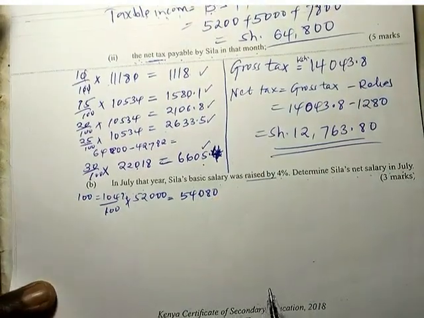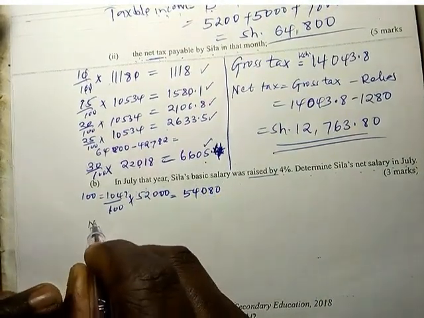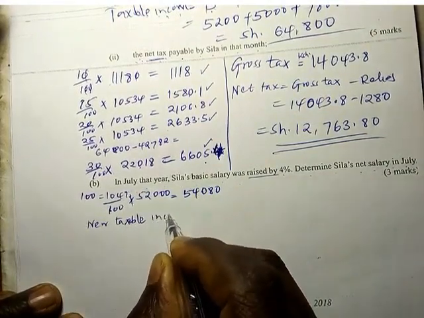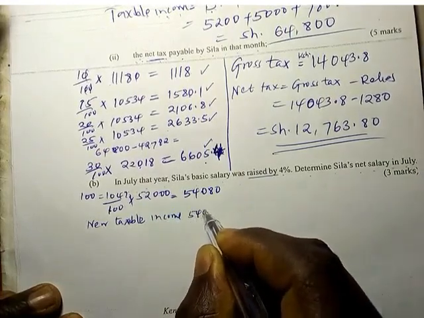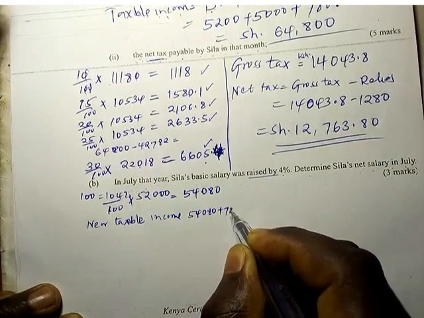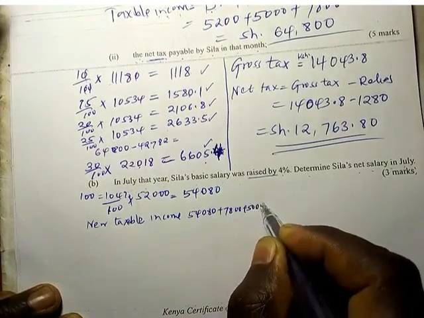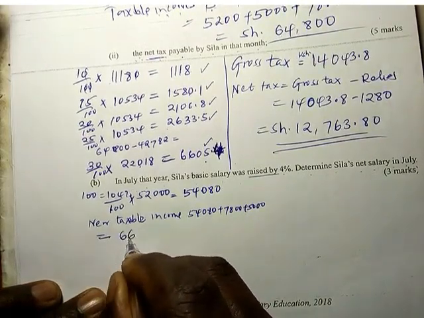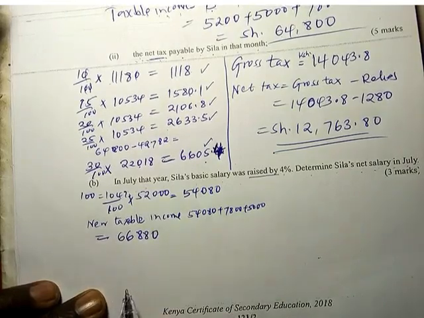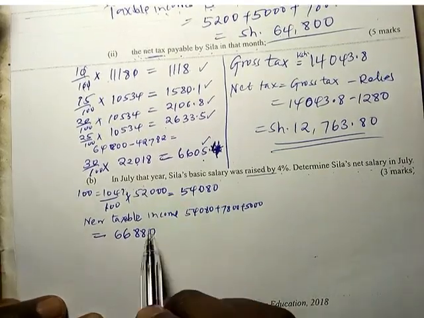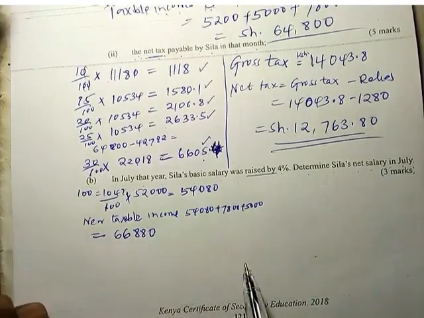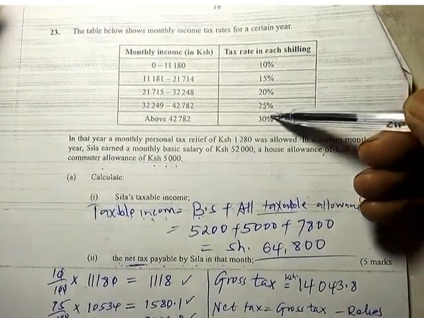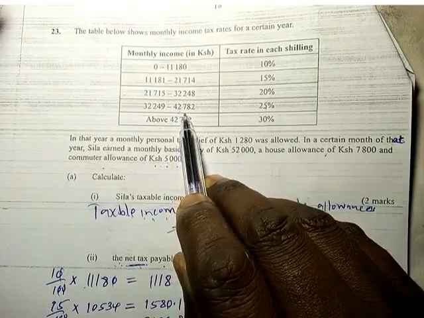54,080. So it means now the new taxable income will be 54,080 plus 78,800 plus 5,000. So the new taxable income is going to be 137,880. But we know akitaxiwa from 10% to this percent, atafika mwisho 42,782.